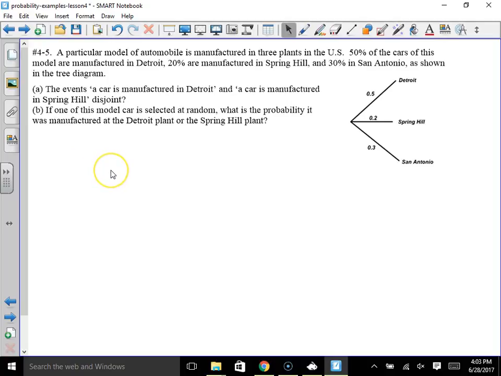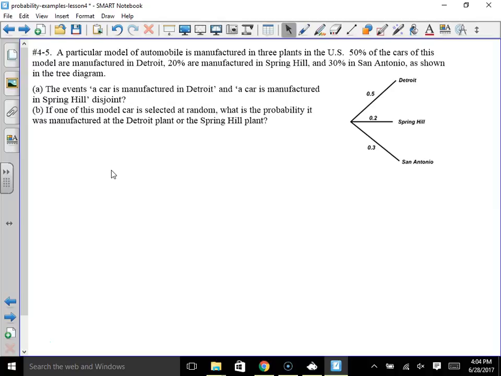So it says a particular model of automobile is manufactured in 3 plants in the U.S. 50% of the cars of this model are manufactured in Detroit, 20% from Spring Hill, 30% from San Antonio, and they provide a tree diagram. It says the events, a car is manufactured in Detroit and a car is manufactured in Spring Hill. Are those events disjoint?